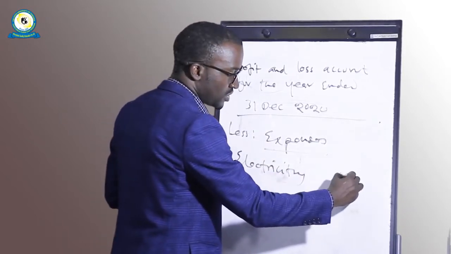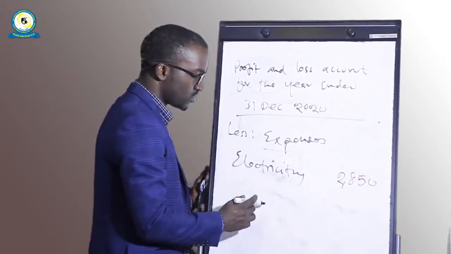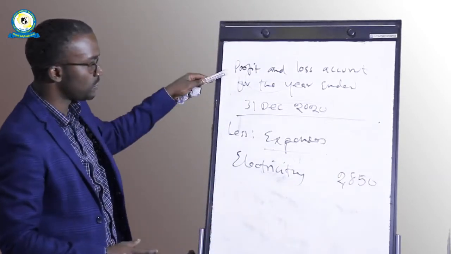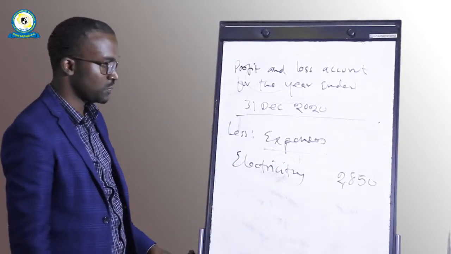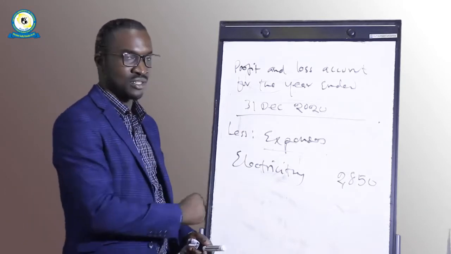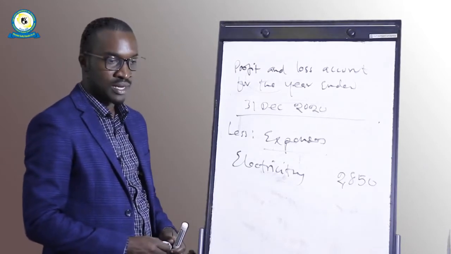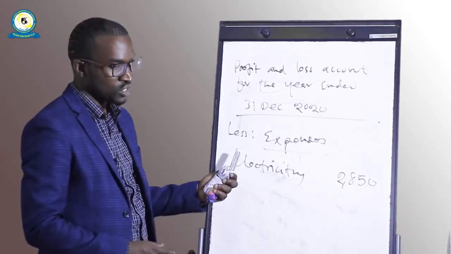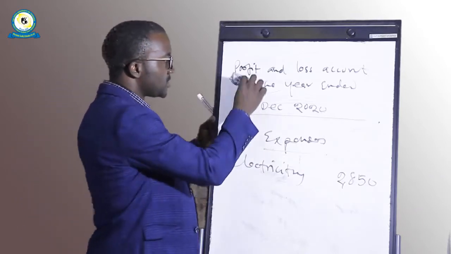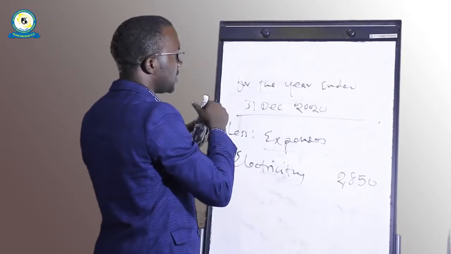Remember that figure, 2,850. So simply like that. This is an extract of the profit and loss account. It is supposed to be seen simple and clear that way. Okay. But again, you might also be told to come up with an extract of a balance sheet. So you're going to do the same thing here. Instead of writing a profit and loss account, it is going to be balance sheet.